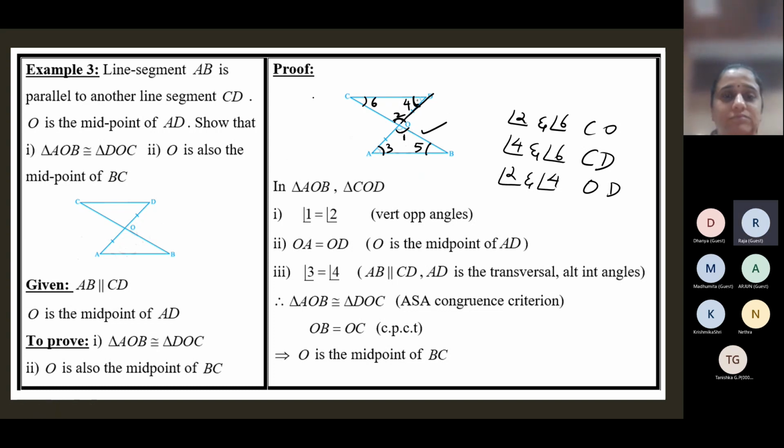For angle 1 and 3, the included side is OA or AO. Both are correct. For angle 3 and angle 5, the included side is AB. Very good. For angle 5 and angle 1, the included side is BO or OB. Very good.